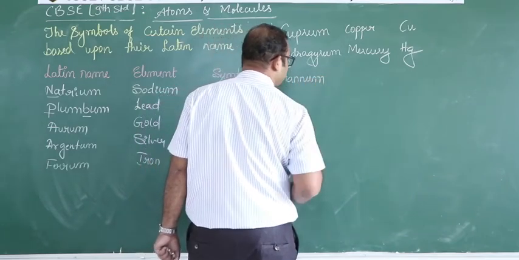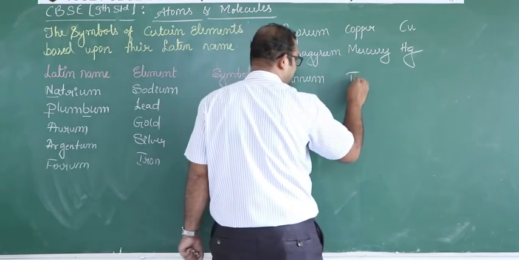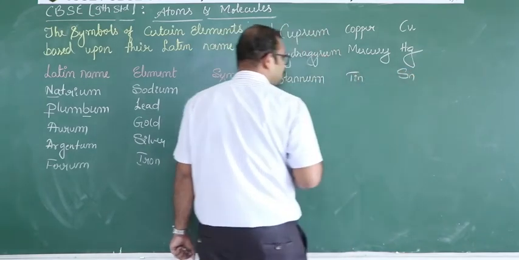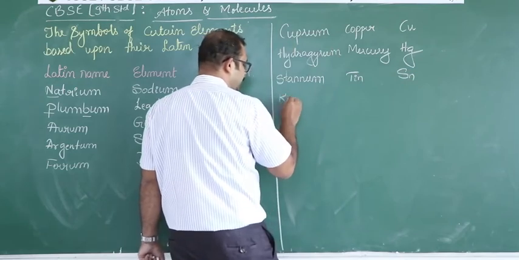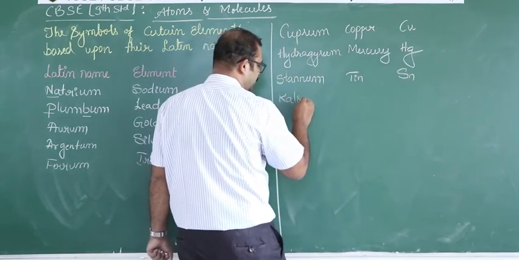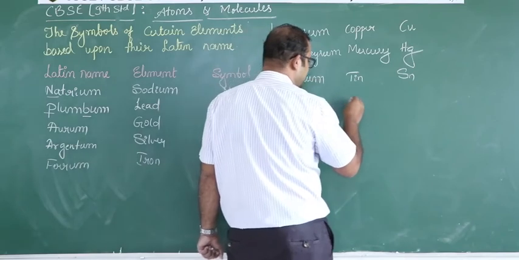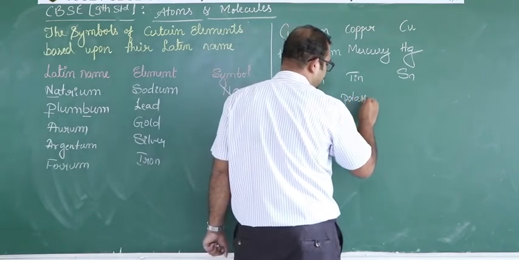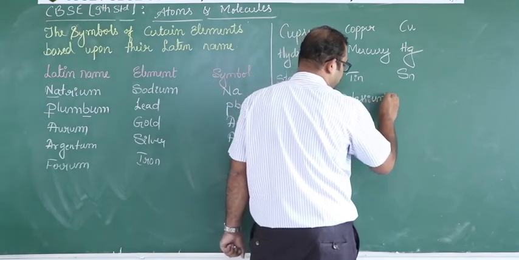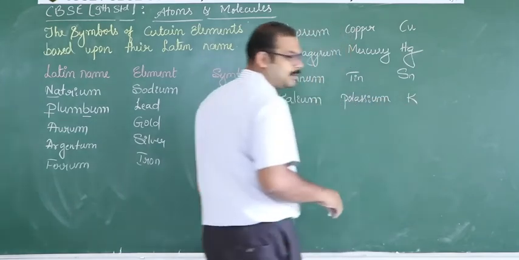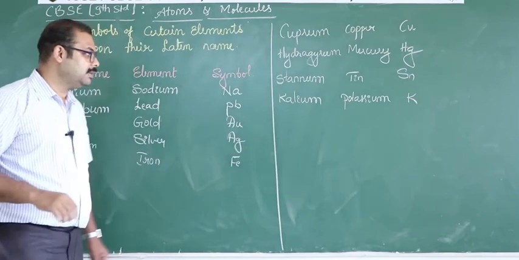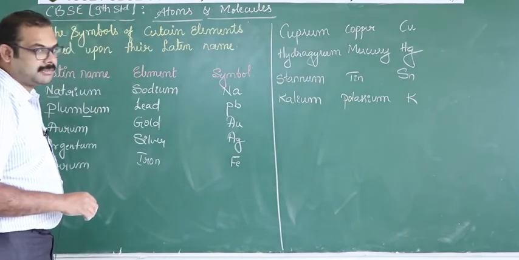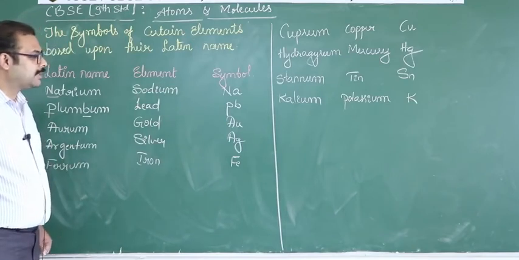Then stannum, it is tin. Then kalium, it is potassium, the symbol is K. So these are the symbols of some elements obtained from the Latin word.